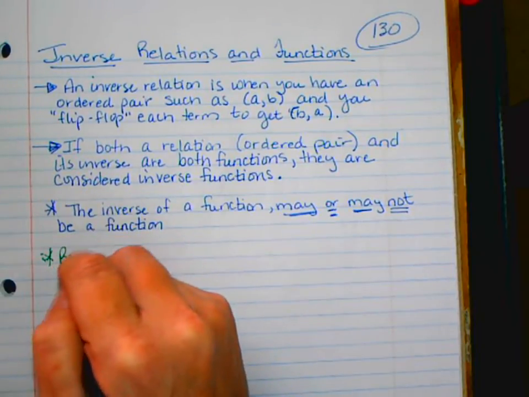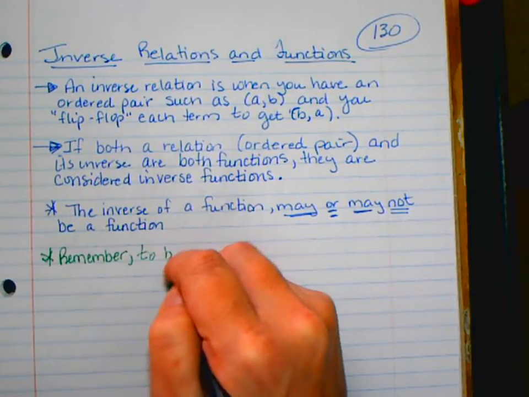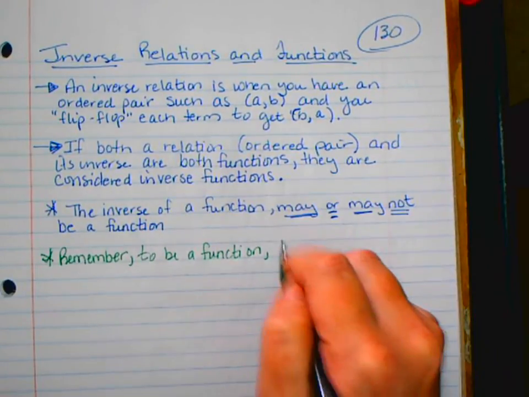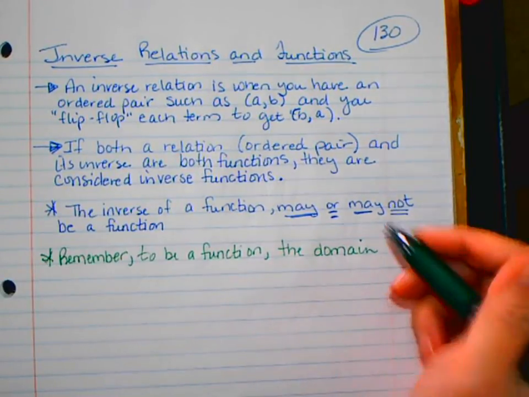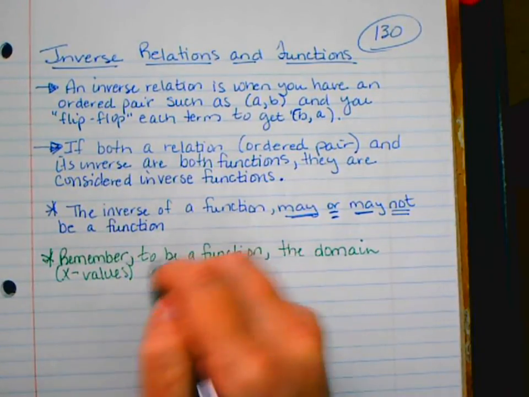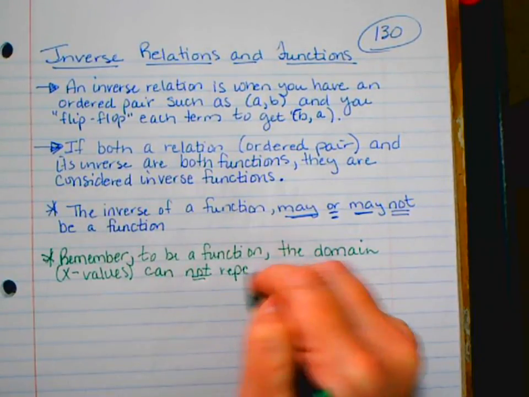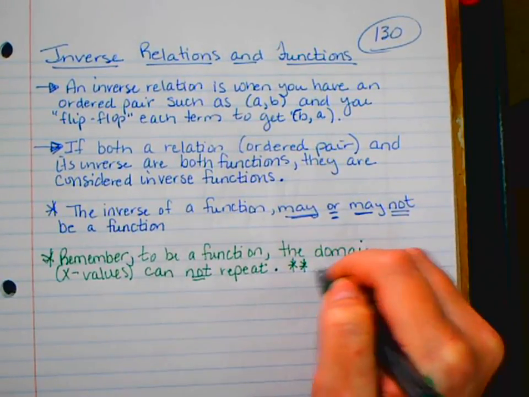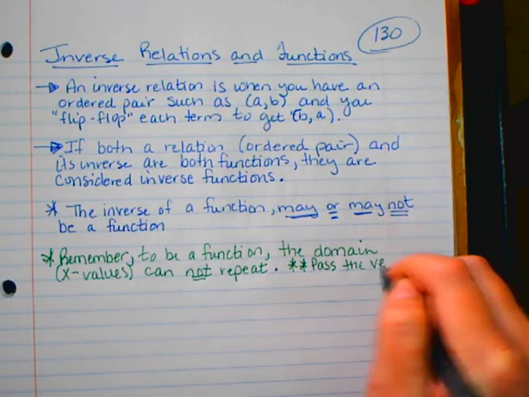Remember, to be a function, the domain, which is your x values, cannot repeat. Also, remember, it's got to pass the vertical line test, which it will if your domain does not repeat.